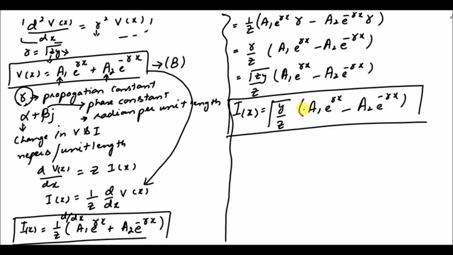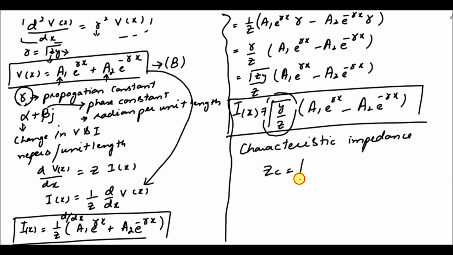Now in this equation, this term can be represented in the form of another constant, that is the characteristic impedance. It is represented by Zc, which is equal to the square root of z by y.